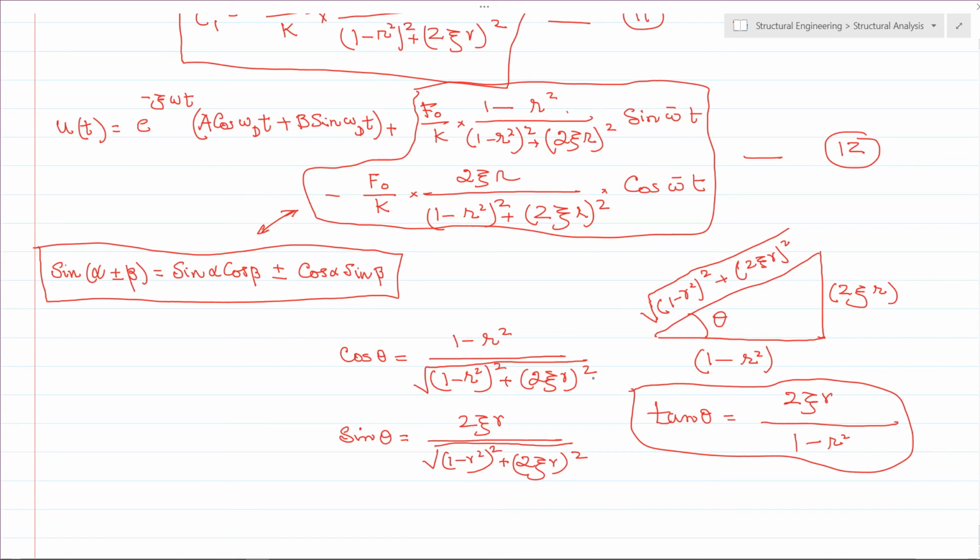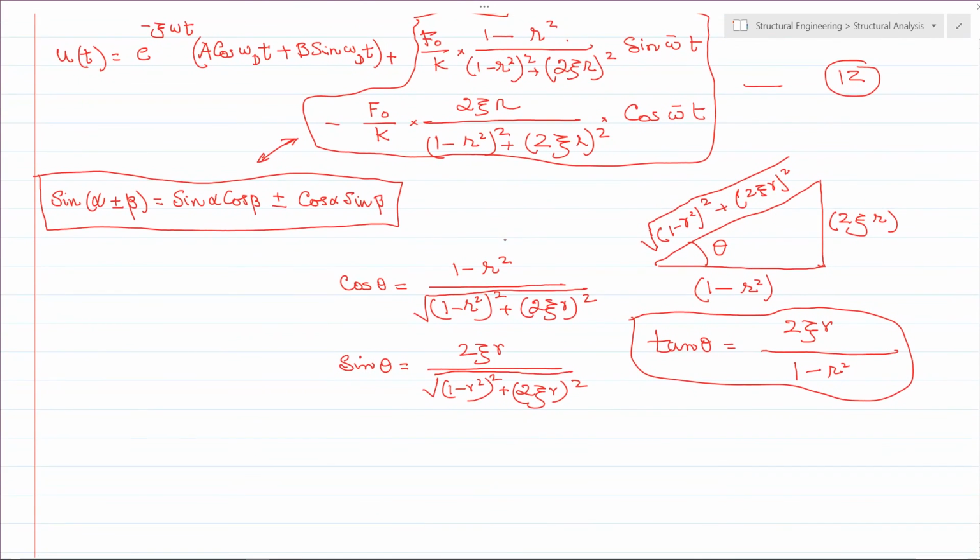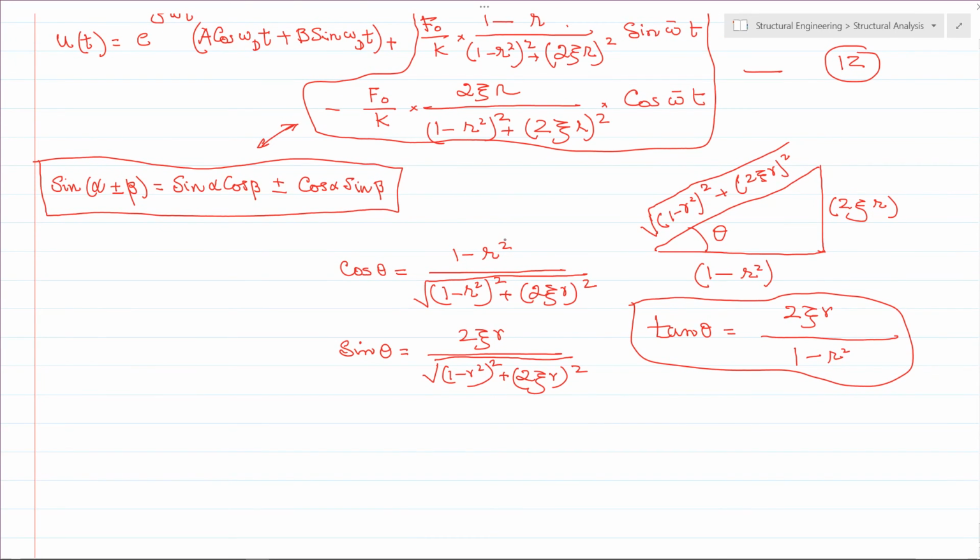So now I can say that this is cos of theta and this function is sine of theta, but I have to take something common. What? Let me do some mathematical trick over here.